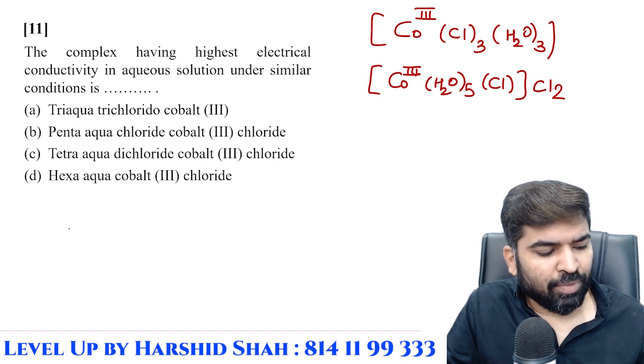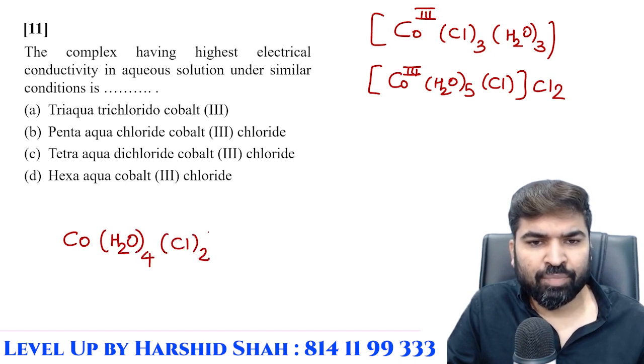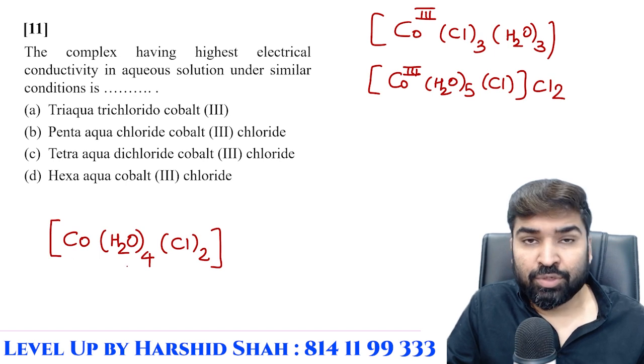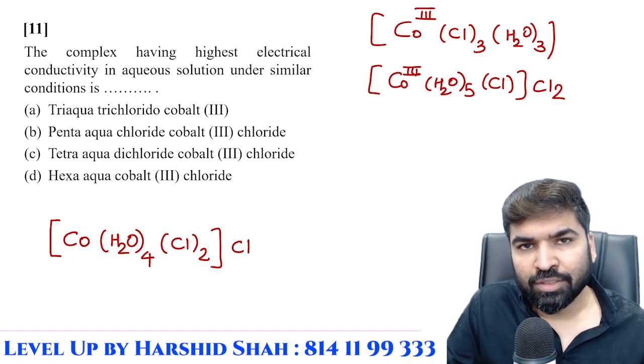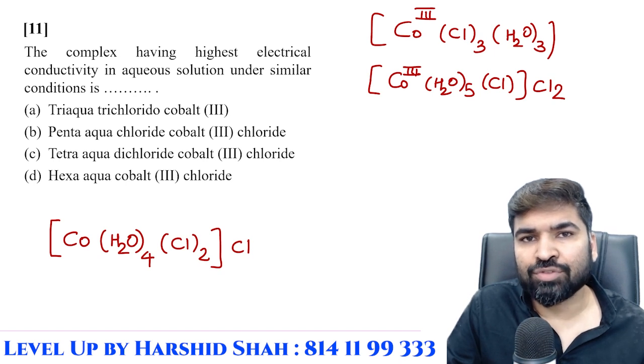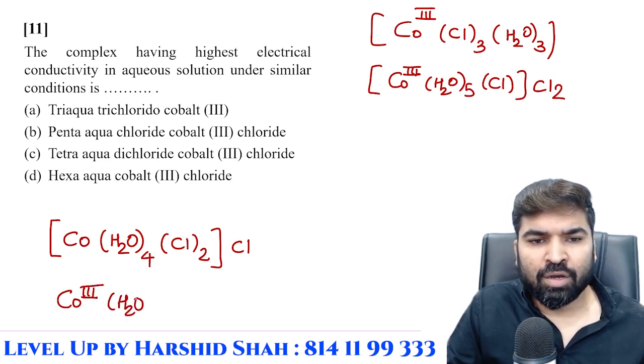Tetraaqua, let me write down here. So we have cobalt +3 with tetraaqua, H2O 4 times, chlorine, right? It will be 2, and there has to be 1 chlorine outside since the 2 chlorines inside are not balancing the total charge of cobalt. And hexaaquacobalt(III) chloride, so it is going to be cobalt +3 with 6 water molecules, right?